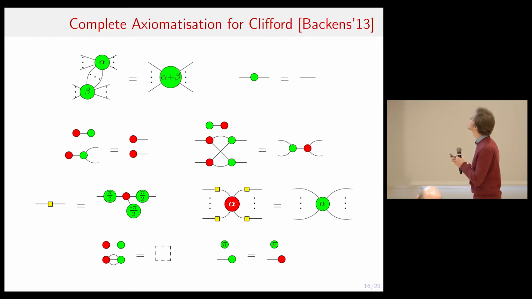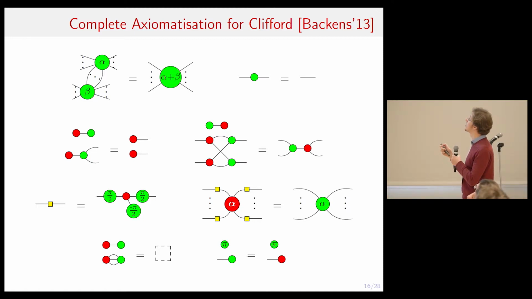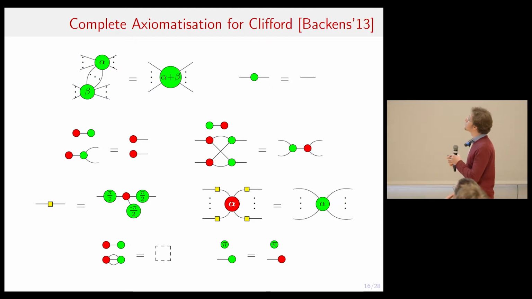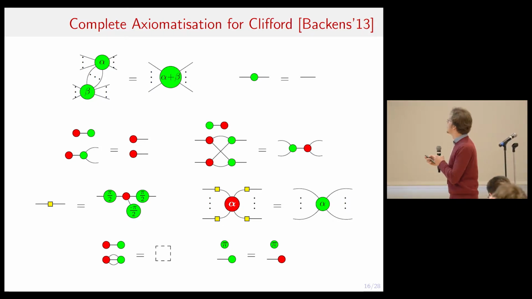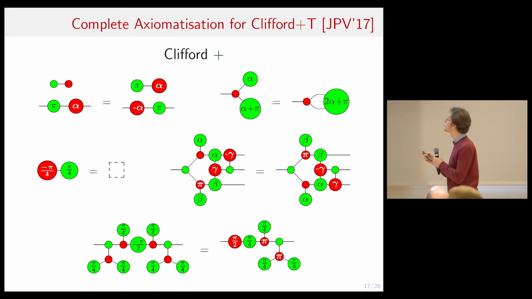But here it is. So this set of rules has been shown to be complete for the Clifford fragment of the language by Miriam Backens. And then we worked on this set of axioms.